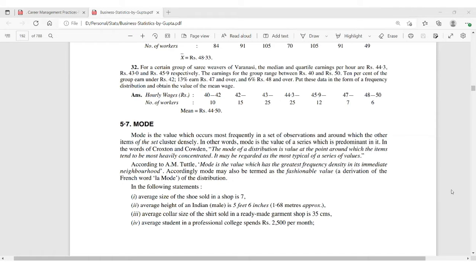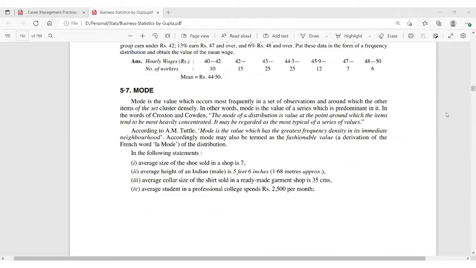It is already given over there, and then we can practice other sums. Before we switch to mode, we need to practice this arithmetic mean and median. There are various examples given here, and we take this example and do it ourselves, and then we can match whether it matches with the book or not. Then only we can do it. It all depends on the practice.